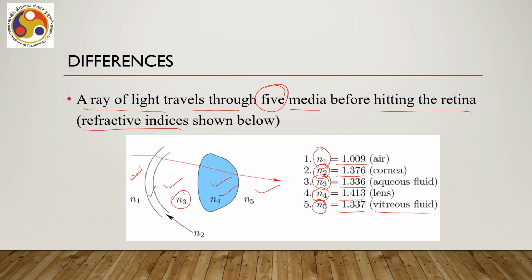So, light passes through all these 5 media with different refractive indices before it reaches the retina, which is not the case with an artificial or engineered lens setup.